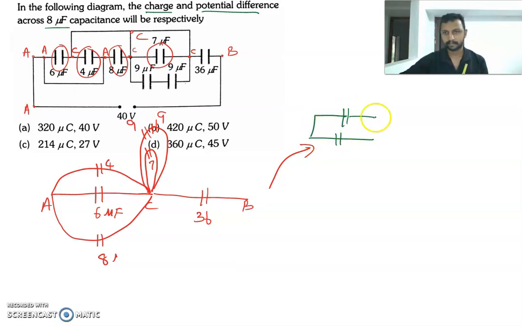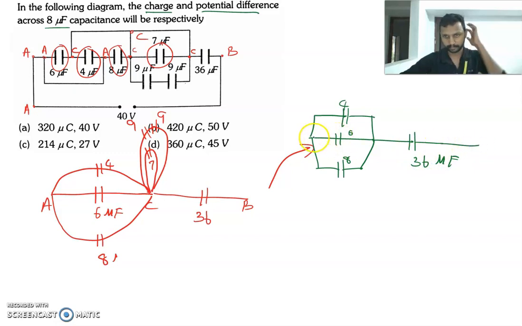The 6 and 8 microfarad capacitors are connected in series to a 36 microfarad capacitor. This is the equivalent diagram.